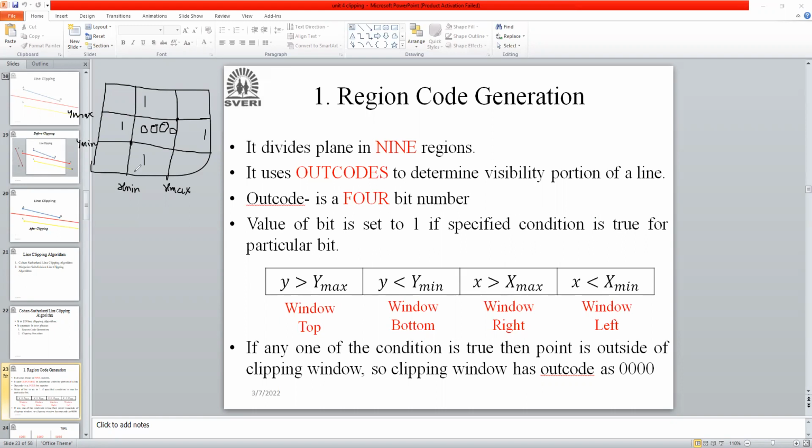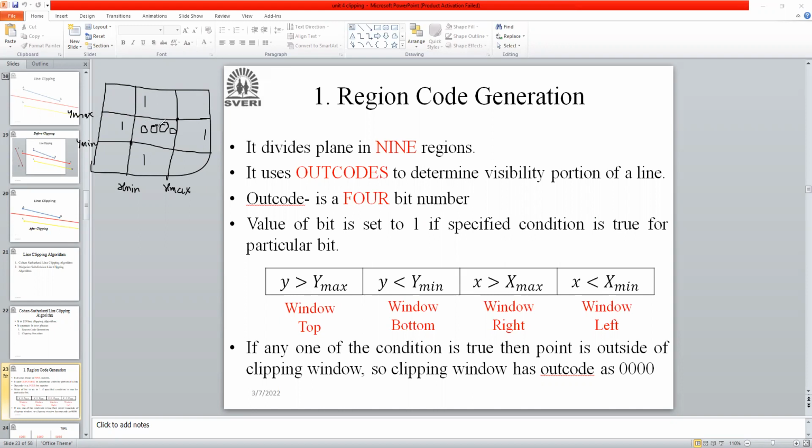So here is the total plane is divided into 9 regions. Out of that, the central portion is having 4 zeros, which represents the clipping window. And depending upon the position of the remaining 8 regions with respect to this clipping window, we are going to set the bits as 1 or 0.